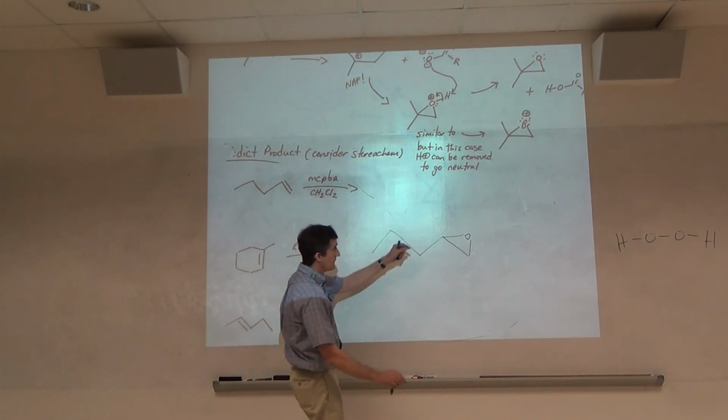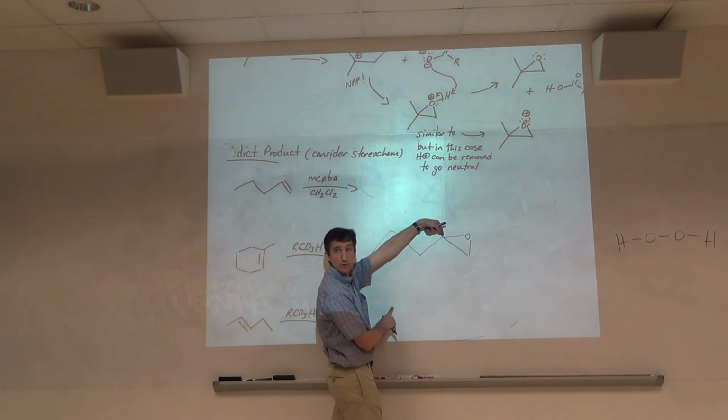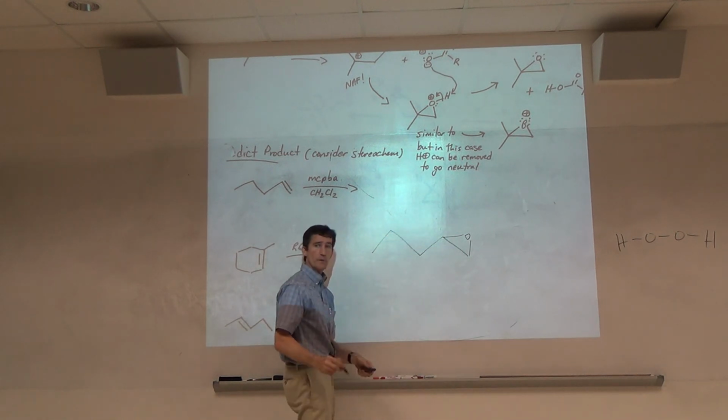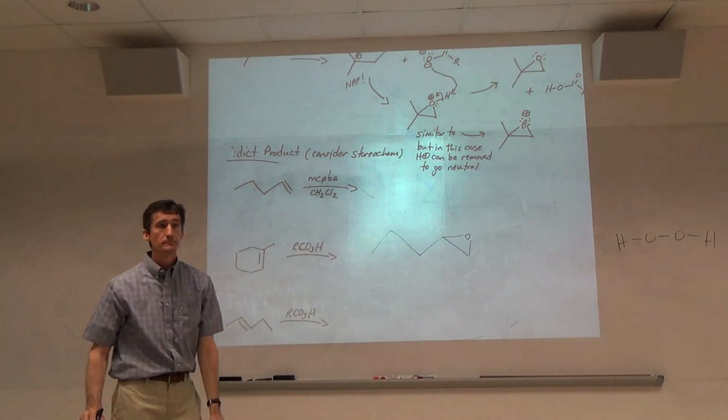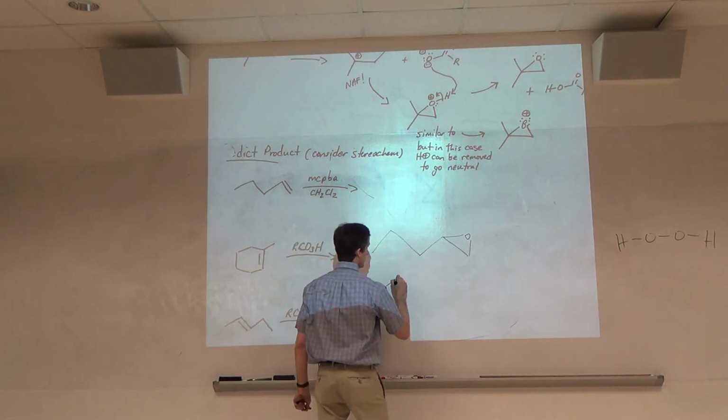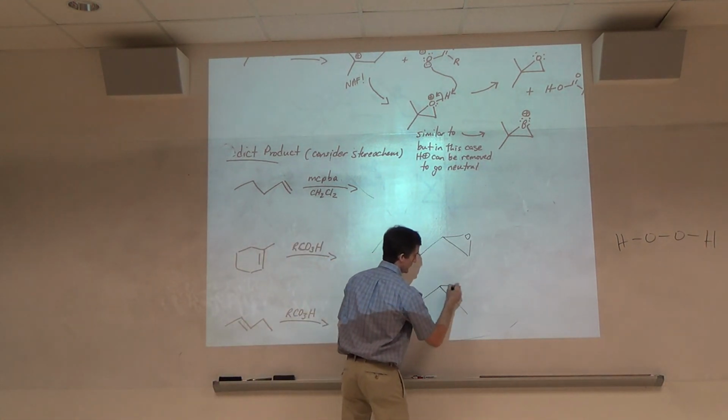Okay, for example, that carbon now is tetrahedral. How many H's on that carbon? One. Tetrahedral. So if these are the plane, is the oxygen bond going to drop forward or back? Okay? You can draw it forward.